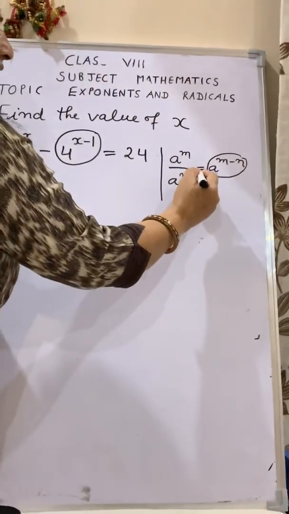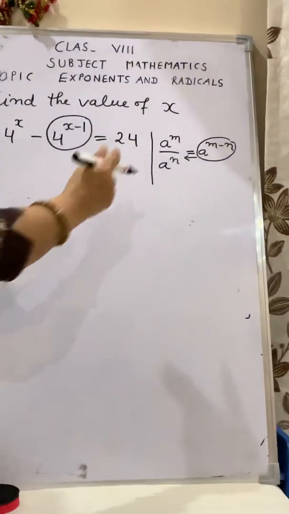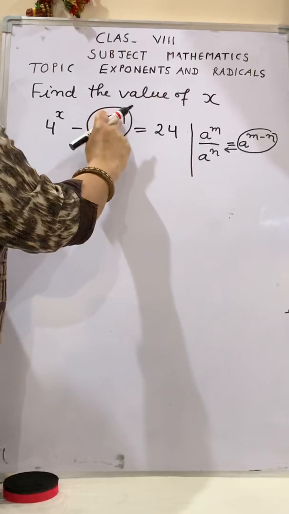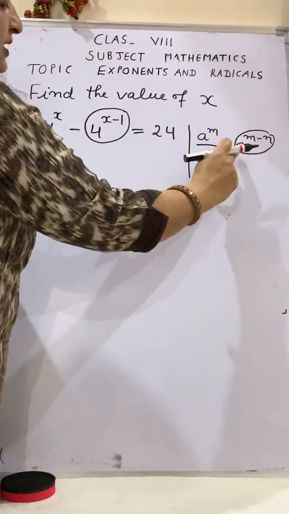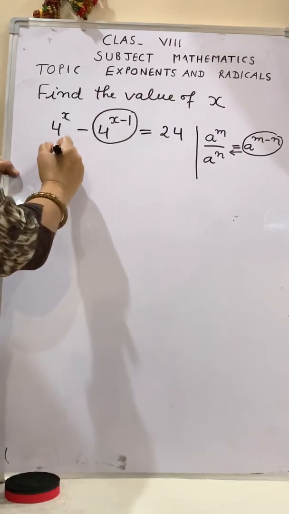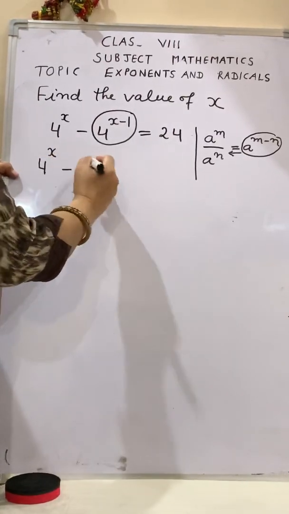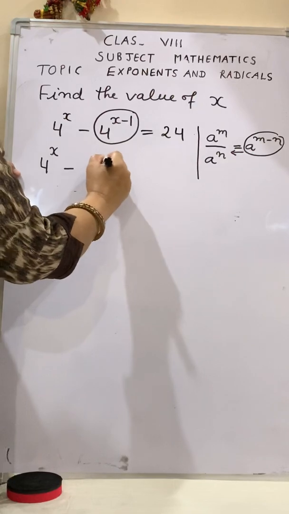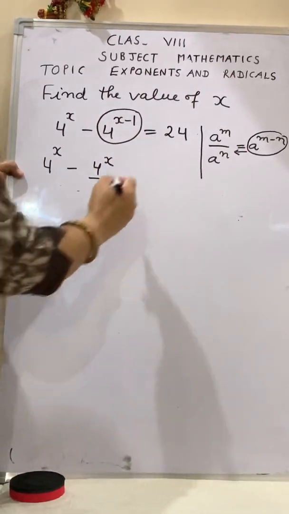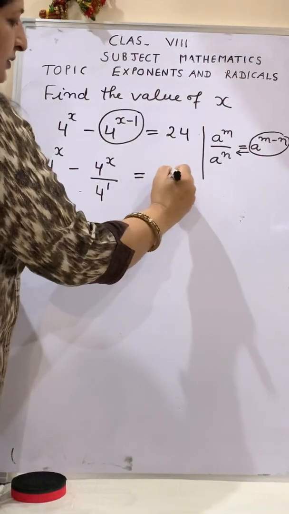You can write the left hand side. Here a raised to power m minus n is given. We have to write the left hand side. So we write first term minus, we write 4 raised to power x divided by 4 raised to power 1 is equal to 24.